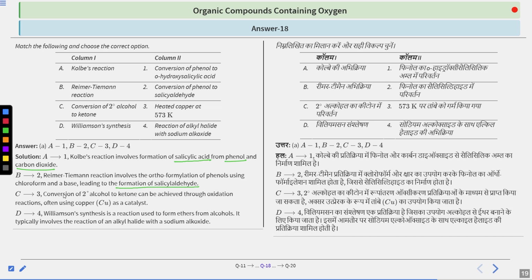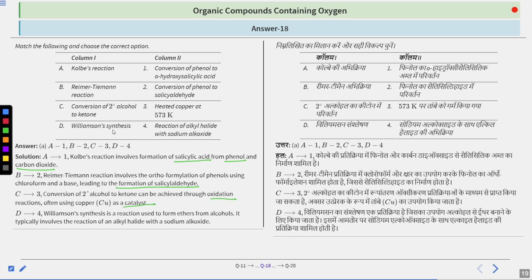of salicylaldehyde. C, that is conversion of secondary alcohol to ketone, is connected to the third point, that is heated copper at 573 Kelvin, because conversion of secondary alcohol to ketone can be achieved through oxidation reactions, often using copper as a catalyst.